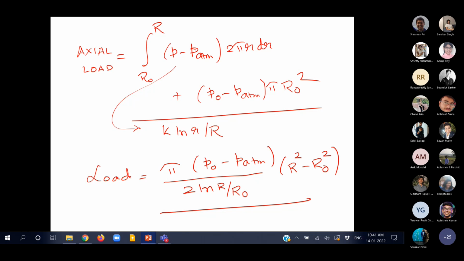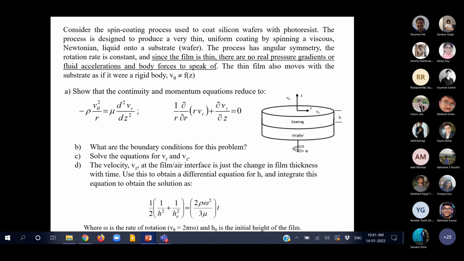So what I tried to explain through this is that sometimes a complex problem can be divided into several parts.